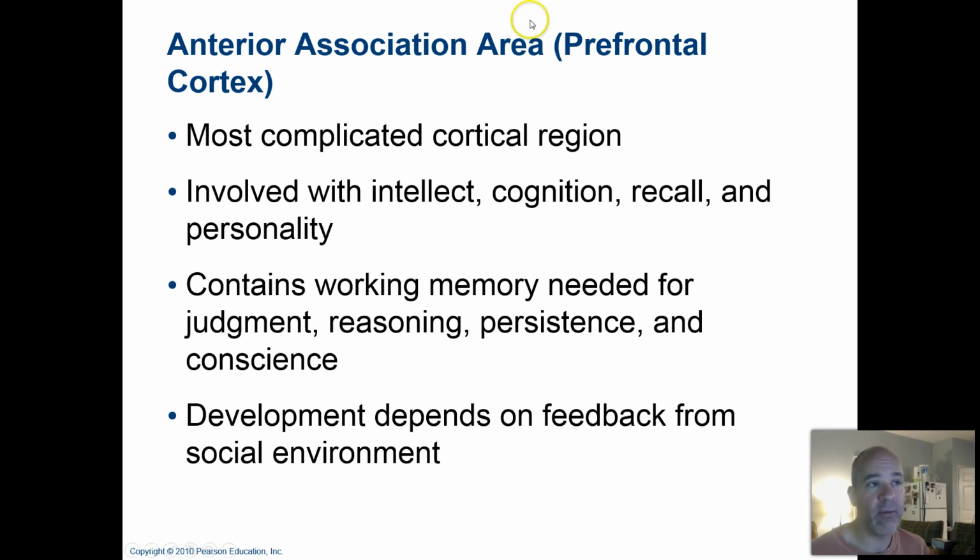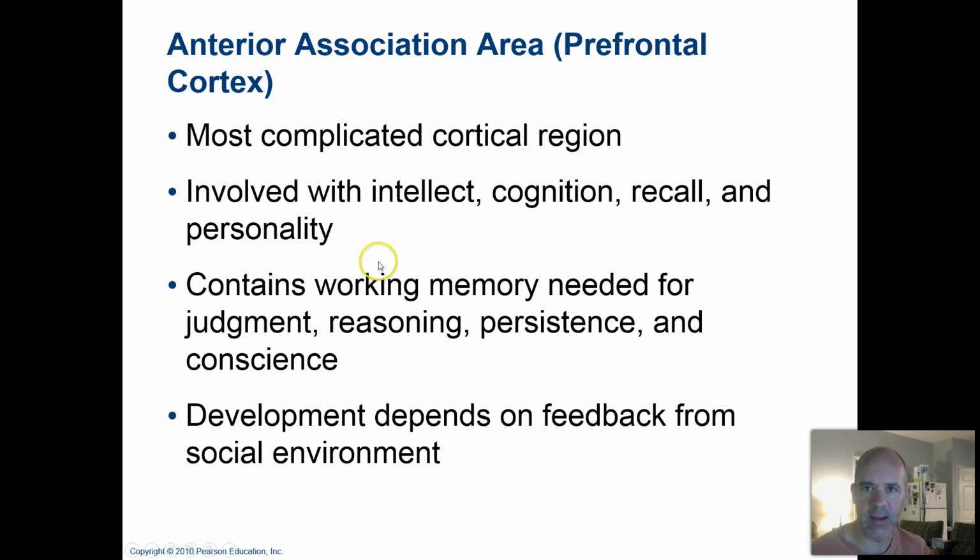Okay, the prefrontal cortex, so this is the most anterior portion of the brain. This is considered to be the most complicated area of the cortex, which also means it's probably the least understood as well. This is involved with your intellect, understanding things, recalling information, like when you're studying and trying to recall what you've learned.